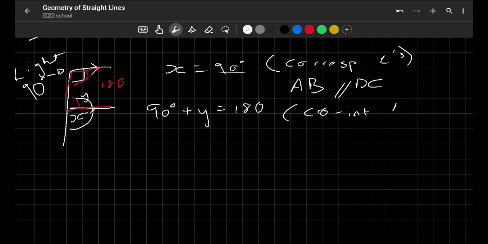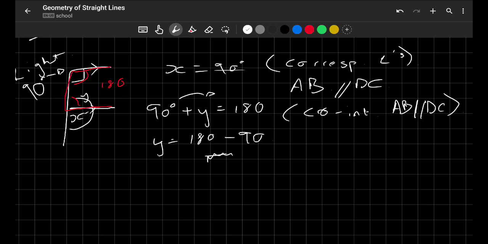And then you say that this line is parallel to that line. You get me? And then take 90 to the other side. You get y is equal to 180 degrees minus 90. I almost said that is it. No, that is not it.